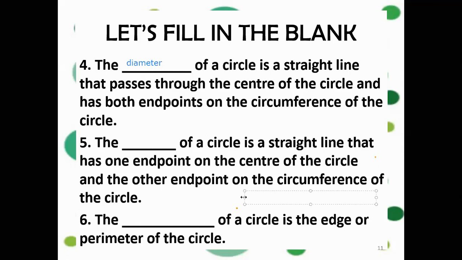The blank of a circle is a straight line that has one endpoint on the center of the circle and the other endpoint on the circumference of the circle.